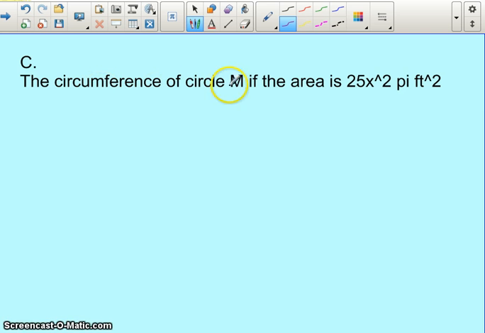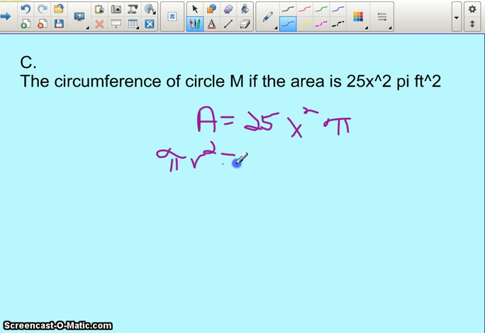Alright, let's see the circumference of the circle M if the area is 25x squared pi, and the circumference we're supposed to figure out. So I'm going to start by just filling in pi r squared is equal to 25x squared pi.